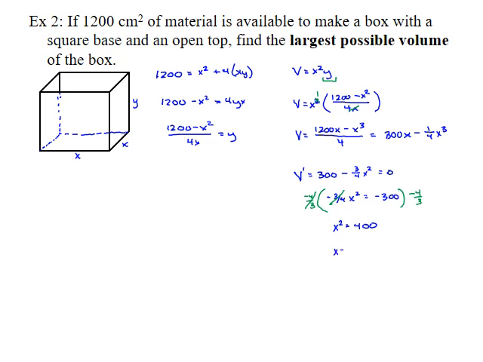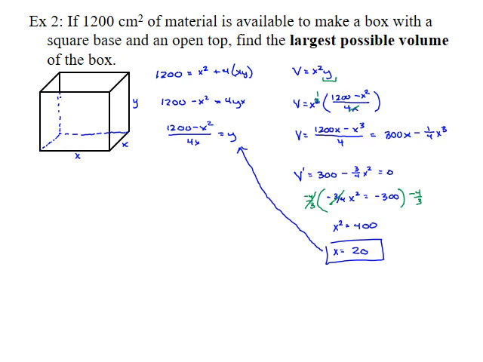And then taking the square root of both sides would be typically plus or minus 20, but you only have to do the positive 20 because length in your problem cannot be negative. So we'll just call x 20. So that gives us the base of this box, 20 by 20. I now need the height of this box, which is y.